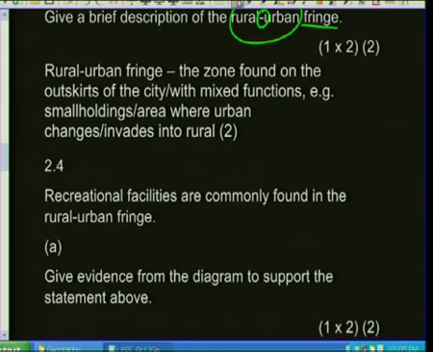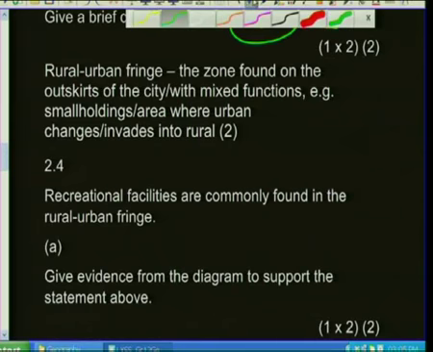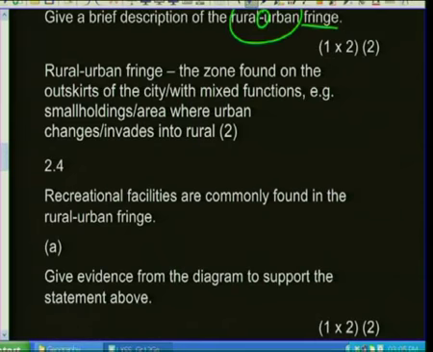The rural-urban fringe, then, is that zone or area, the zone that is found on the outskirts of our city with mixed functions. Things like nurseries, golf courses, shooting ranges. But you'll also find some residential areas as the city expands.